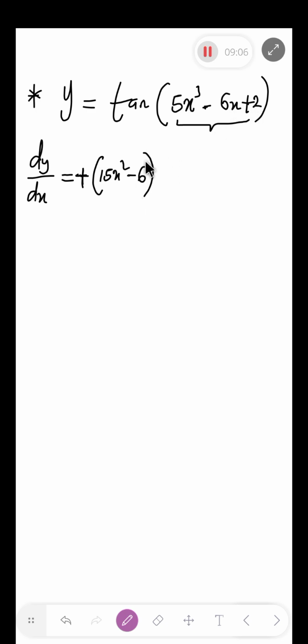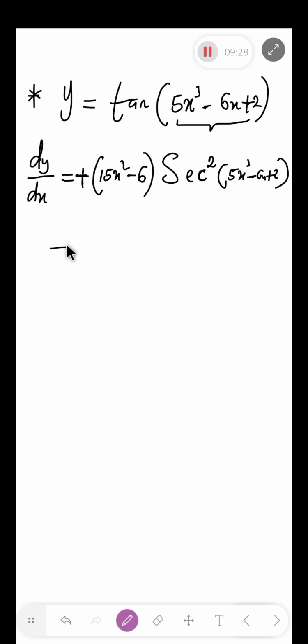So I can actually recall that when I was explaining tan f of x, I skip one line and move straight towards sec. Okay? Then I told you that since you already skip, you have to put a square here. Sec square of this same function, 5x cubed minus 6x plus 2.